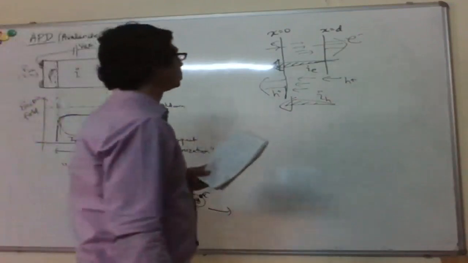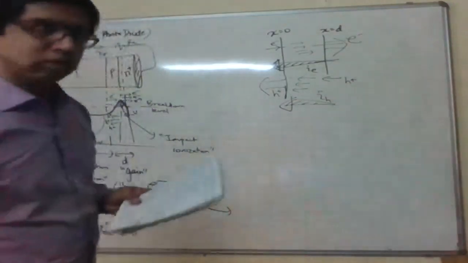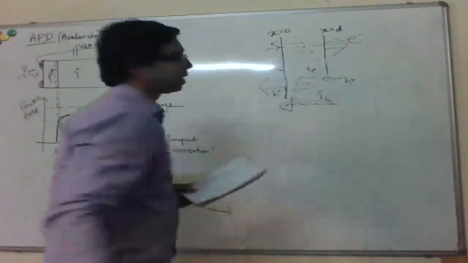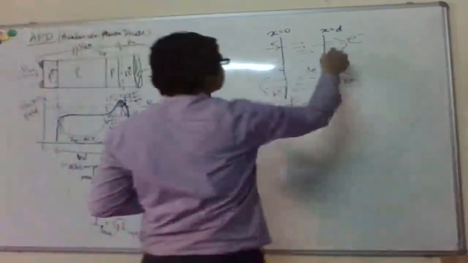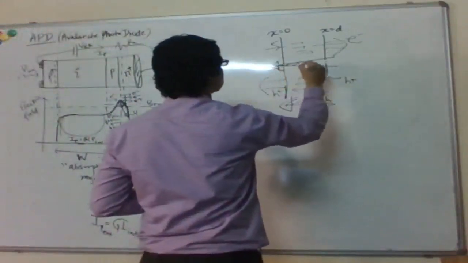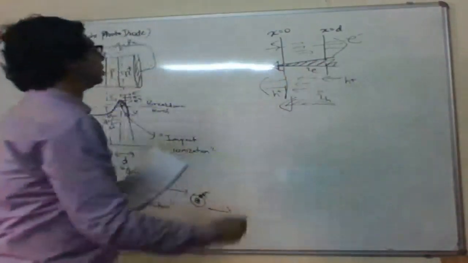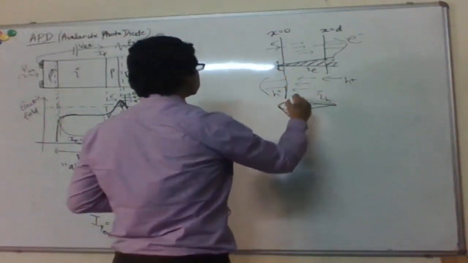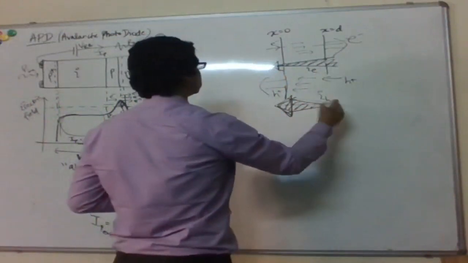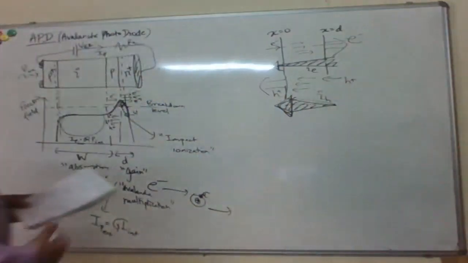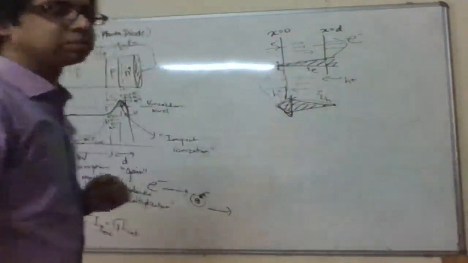Maybe I should... this thickness is the other way around, right? So there are more electrons here, so the current is higher here, whereas for holes, the current is higher here, right? I hope that picture is clear.